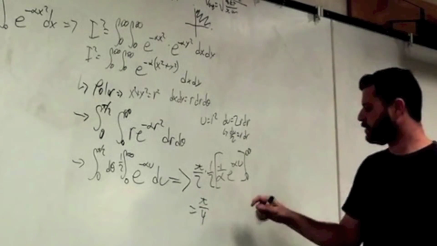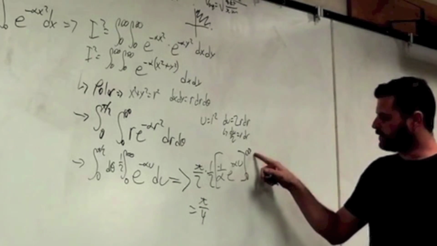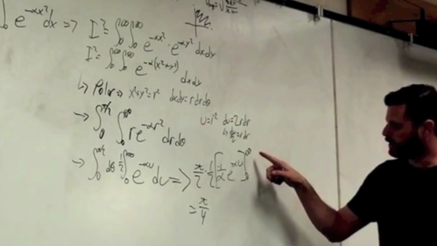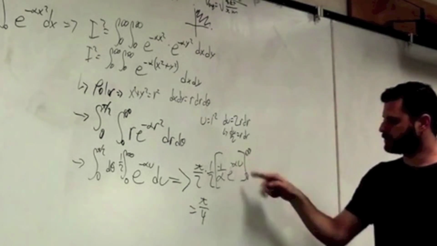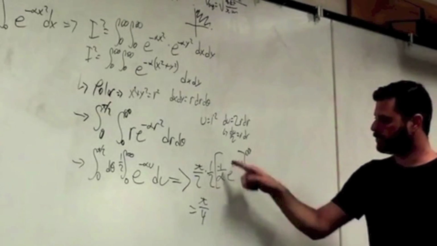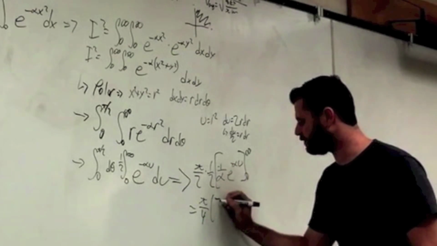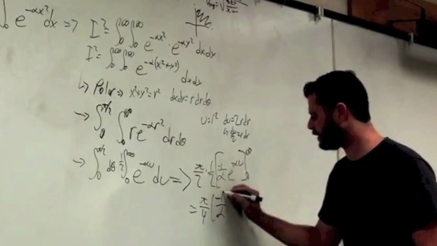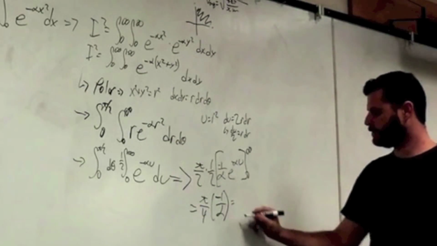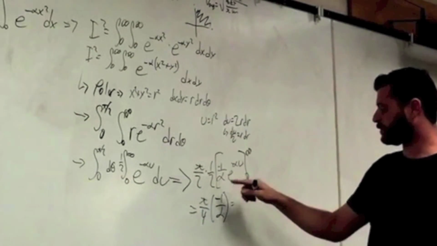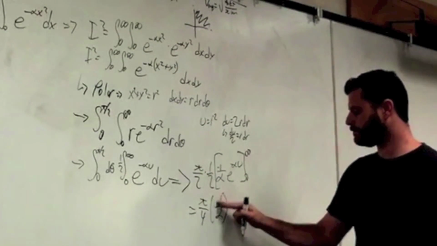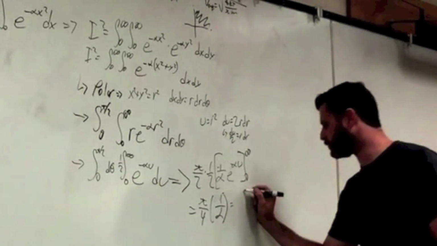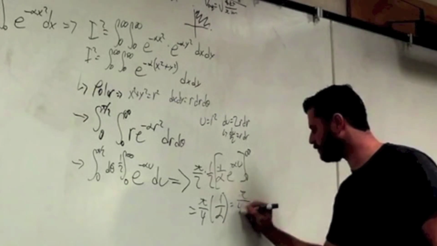So after we plug in all of our limits, when you plug in infinity for u, this goes to 0, 0 is allowed. When you plug in 0 for u, this goes to 1, and so what you're left with is the negative 1 over alpha. I'm sorry, you're minusing the negative, so it's actually a positive 1. And so you just get pi over 4 alpha.